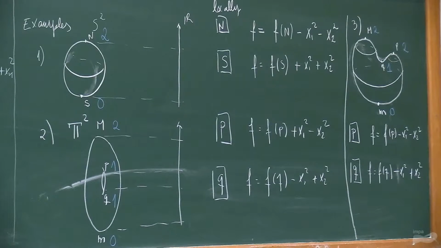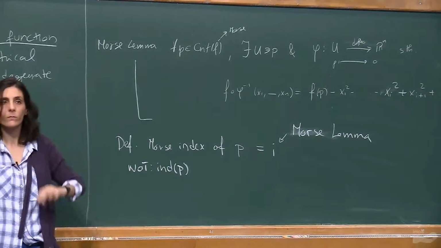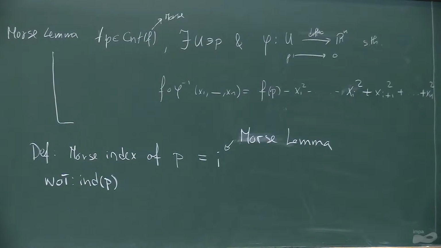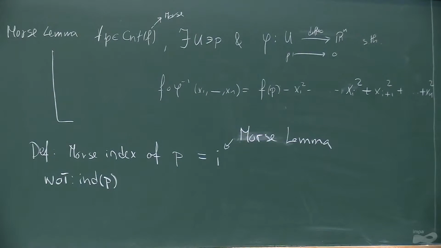Okay. This index, sometimes I just denote it by ind P. It's the Morse index. Notation, ind P. Okay, so now I need to tell you about the gradient. I'll erase this. To talk about the gradient, I need a metric.